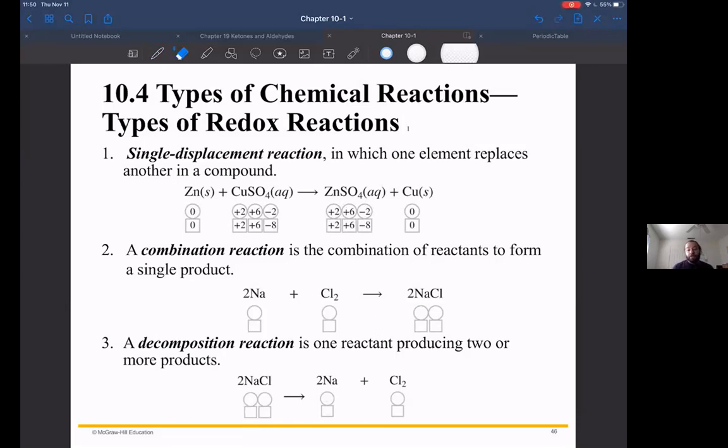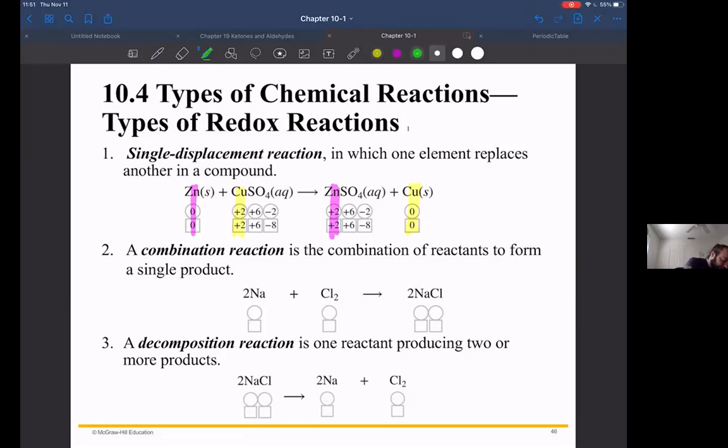Importantly, how do we spot that this is a redox reaction? Because the oxidation state of zinc is changing from 0 to +2. Likewise, the oxidation state of copper is changing from +2 to 0. So anytime you have a change in oxidation state from one side of your chemical reaction to the other side, that is indicative of an oxidation reduction reaction, a redox reaction.